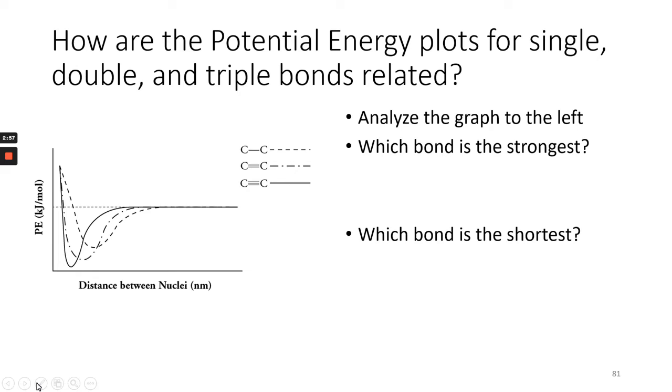Now, what if you compared a single bond to a double bond to a triple bond? So let's look at this diagram over here. What do you notice is the difference between these? Well, first of all, which bond is the strongest? And how would you know that on this graph? Well, we know that the triple bond is the strongest.